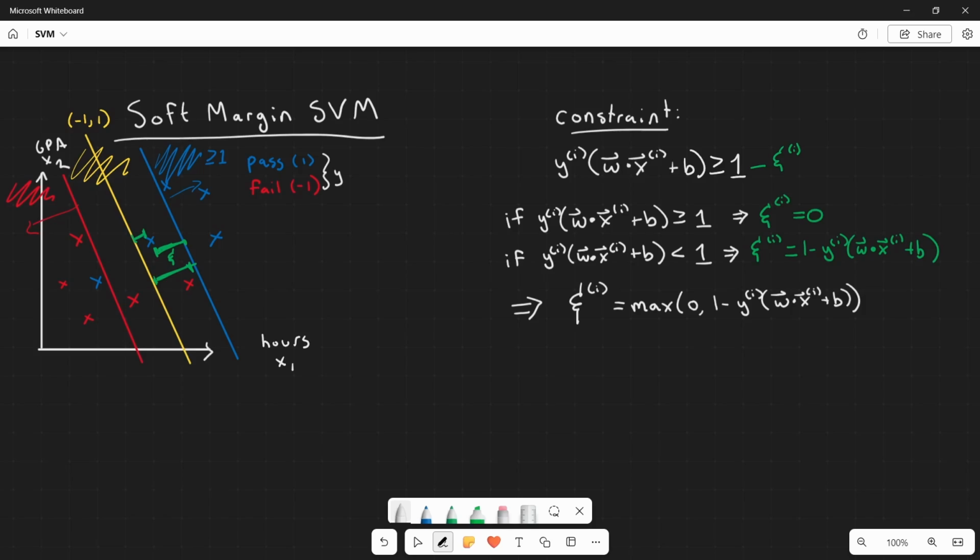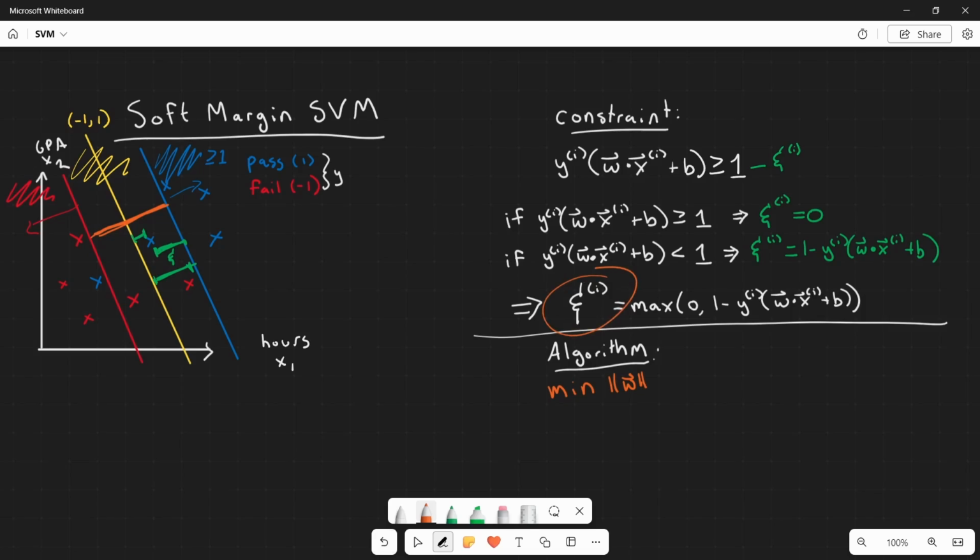Okay, and with this new slack variable defined, we can go ahead and update our algorithm that tries to maximize this margin length while also introducing this slack variable. So what we want to do in this algorithm is again minimize the magnitude of the weight vector, but now that we have the slack variable introduced, we're also going to want to minimize that.